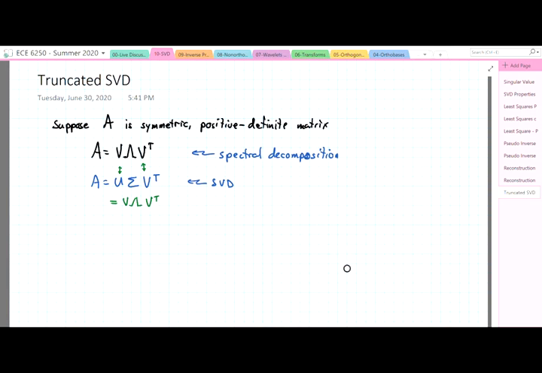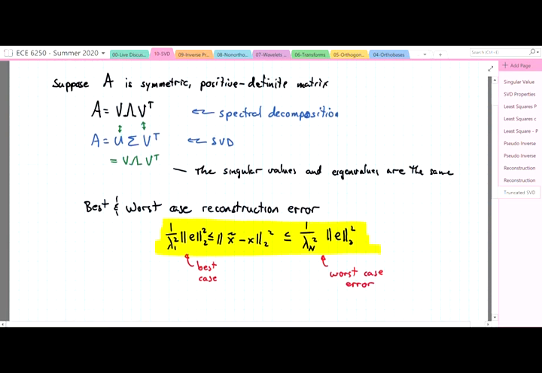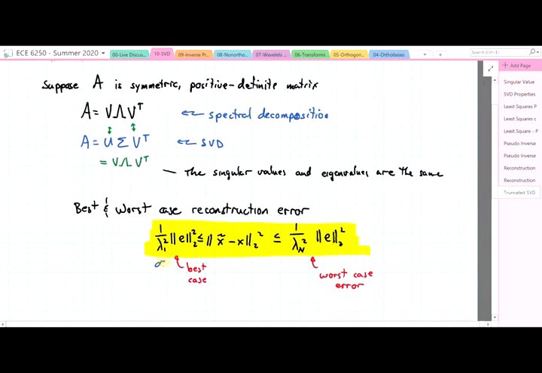Well, where does this get us? Let's just paste that beautiful little diagram there. This could also be sigma squared of 1 and sigma squared of n. It would have worked in the same place.